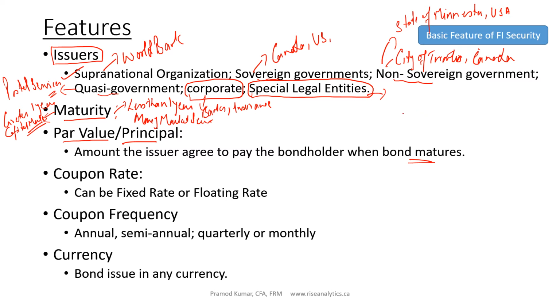So if the issuer wants to raise, for example, 10 million, like let's say any bank wants to raise $10 million, right? And in return for this 10 million, let's say the bank agrees to pay a 6% coupon, in coupon payments or interest payments.